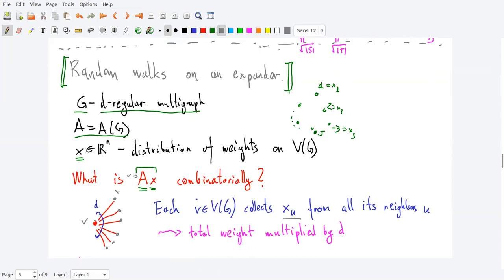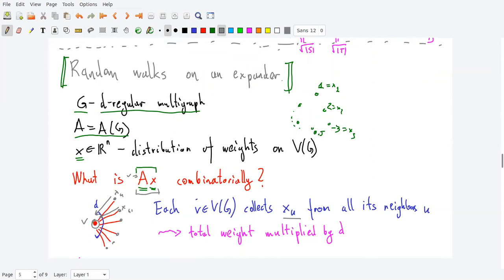Here we've got some xu, then this xu is sent to this vertex v. Here we've got some xu prime, this weight is sent to this vertex v, and you sum up all these weights that are sent to it, and this is your final weight corresponding to v in A times x. So on one hand, you can think that a vertex v collects the weights from all its neighbors.